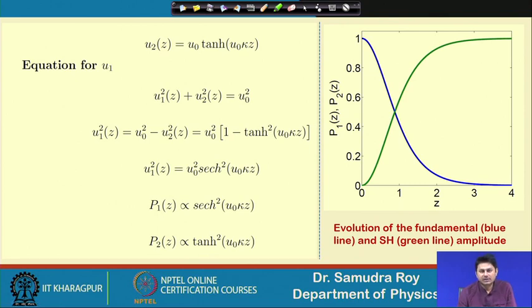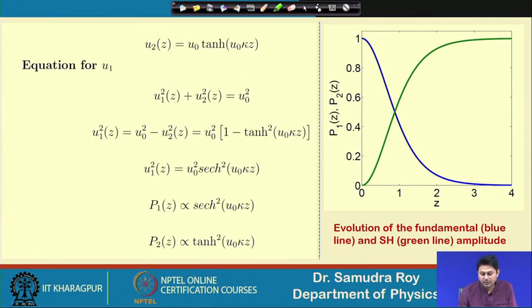In this plot we have shown how P1 and P2 change as a function of z. When it is the second harmonic wave, it changes as a tan hyperbolic square kind of function, and when it is the fundamental wave, it reduces very rapidly in the form of sec hyperbolic square.